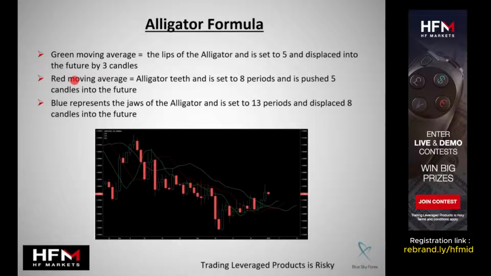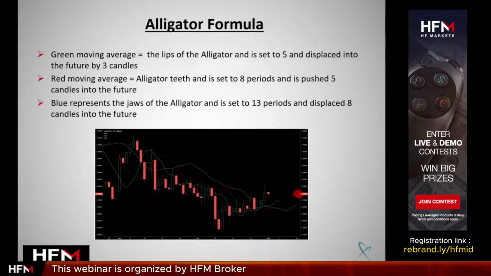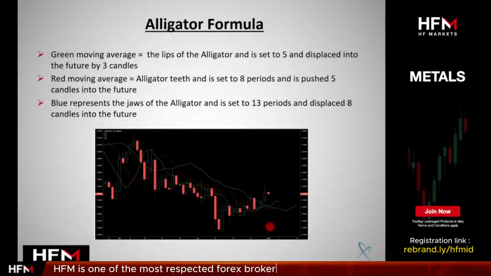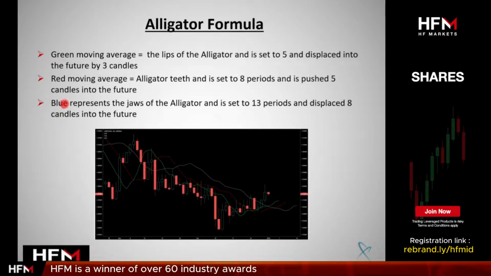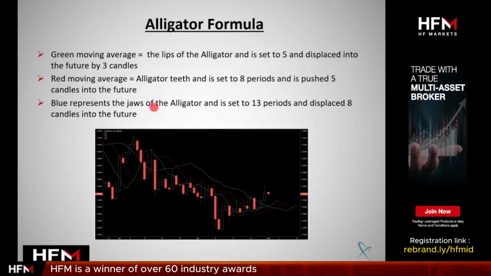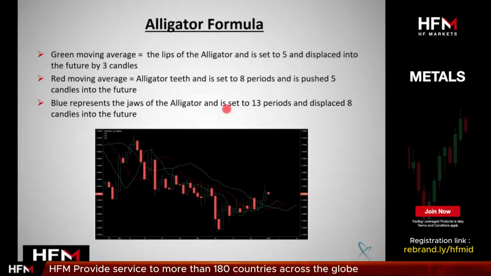The red one, which is a slightly slower moving average, has a period of 8 set in its parameters, and that one is pushed 5 candles into the future. You can see here that this red line actually ends 5 candles past the current timestamp. Then you have the slowest moving average, which is the blue line, and that represents the jaws of the alligator.